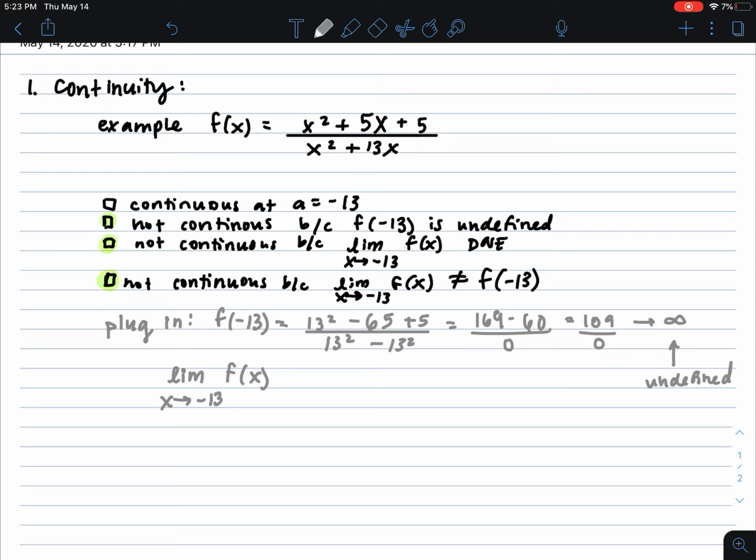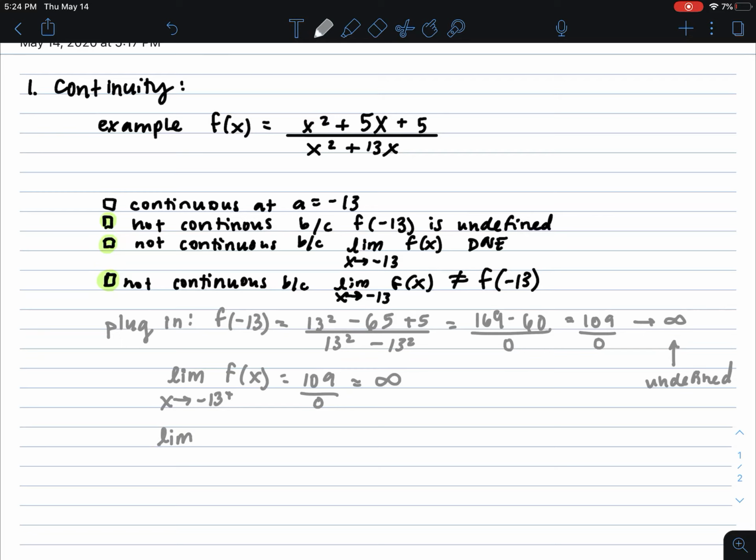Okay, let's take the limit as x approaches negative 13 from the positive side. We're going to get 109 over 0. But if x is approaching negative 13 from the positive side, then this guy will actually be positive. So this is going to be putting us towards a positive infinity.